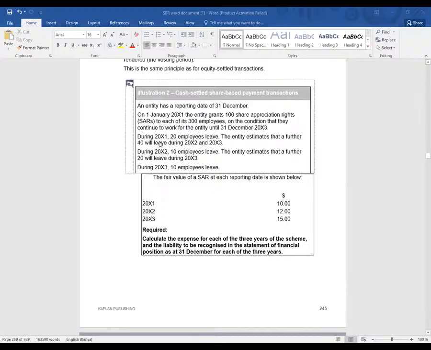So then what will we do? As an actuary, I will look at it this way. I have 300 guys at the beginning, and 20 have left. And then I expect 40 to leave in the future. So I'm trying to make my estimates here.